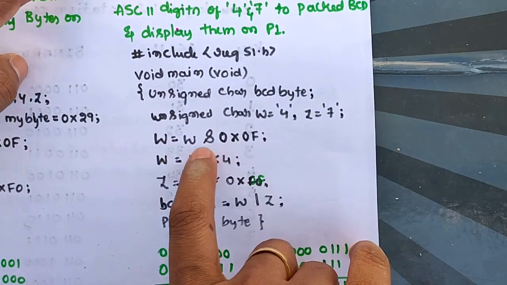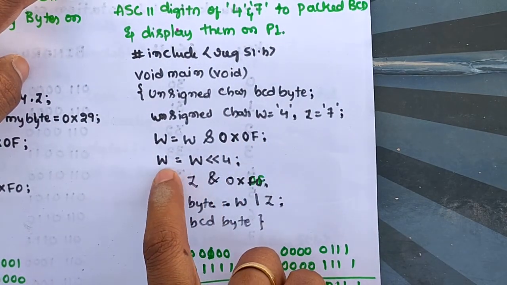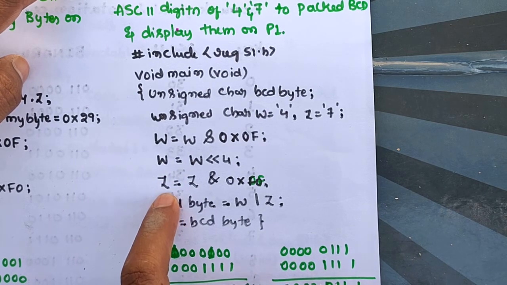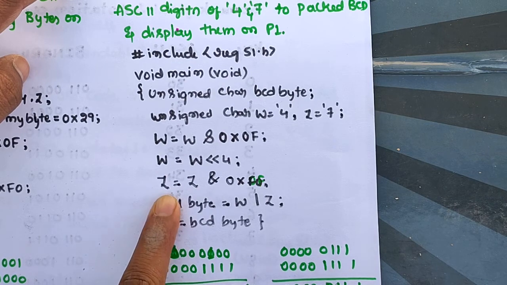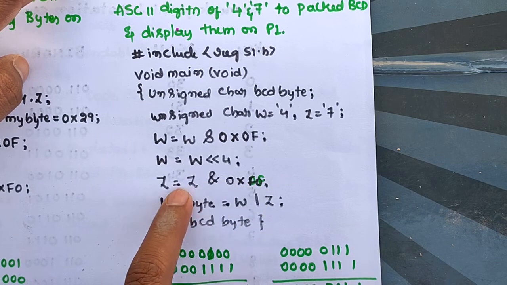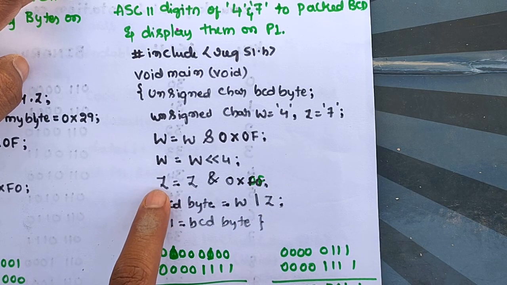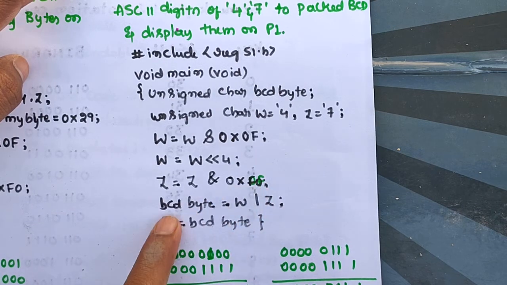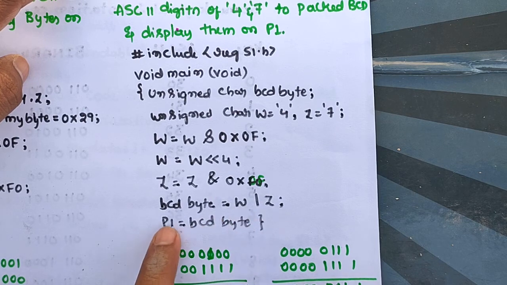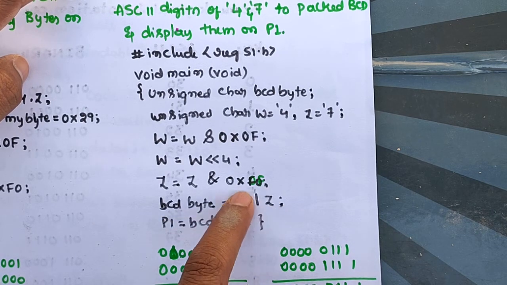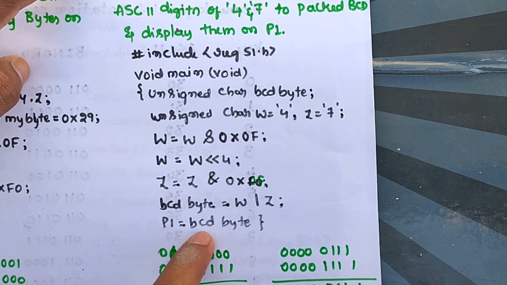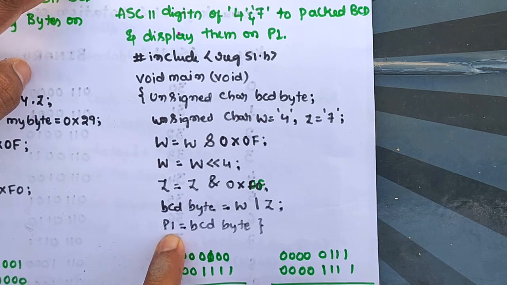So perform an AND operation for 4 with 0F and rotate left by 4 bits. After that you will get the higher order byte. For the lower order byte, do the same operation, you will get 07. After that perform an OR operation for those two bytes, you will get 47 as the output, the complete byte of binary coded decimal, that will be assigned to port P1.